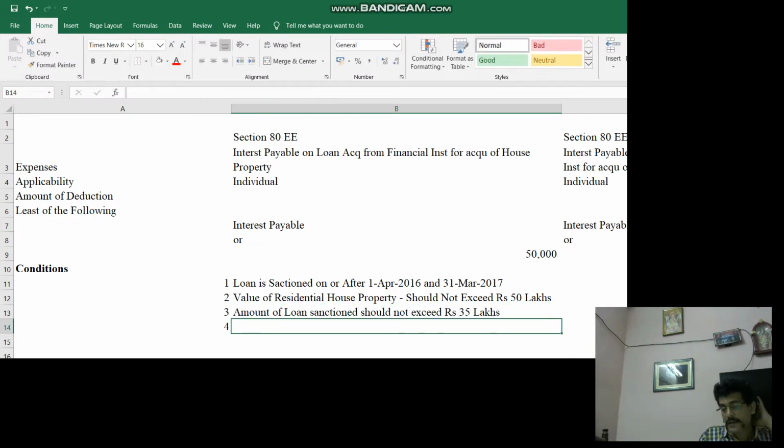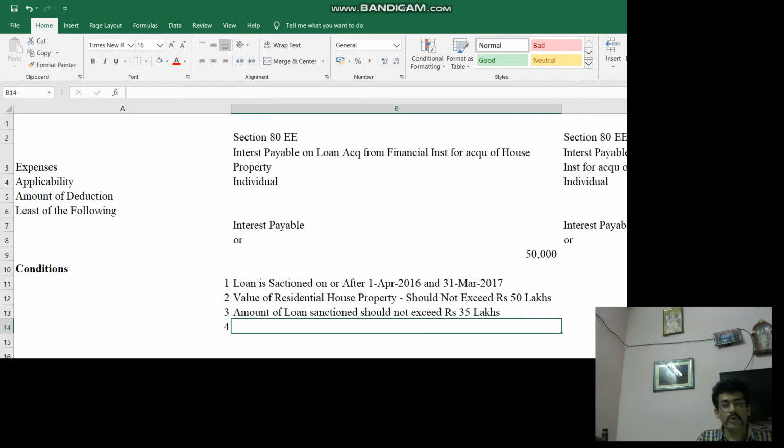So again, any person taking a loan for the purpose of acquisition of a house property from a financial institution, being an individual, whatever amount of interest paid by him or rupees 50,000, whichever is least, if the loan is sanctioned during 1st April 2016 to 31st March 2017, and the value of the house property does not exceed 50 lakhs, and the amount of loan sanction does not exceed 35 lakhs, and the last condition is what?